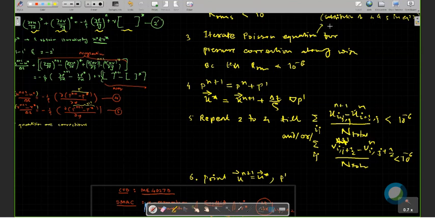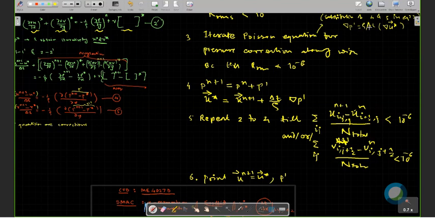That will give you the pressure Poisson equation, which is similar to the one we have already seen, with rho by delta t and the gradient of u star. This equation is similar to the SMAC case, and that equation you have to solve.